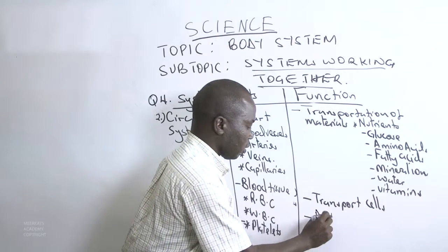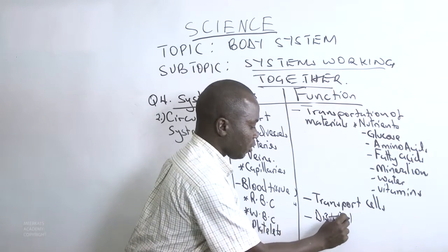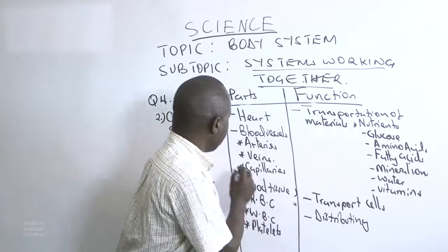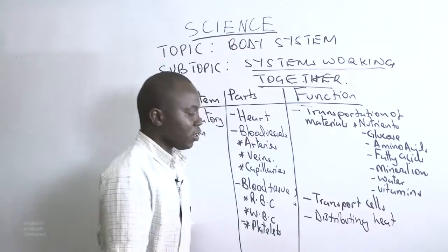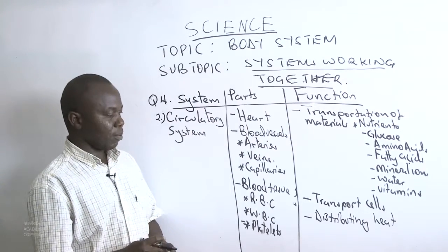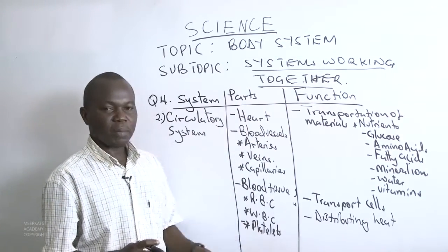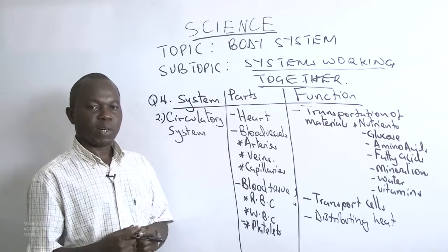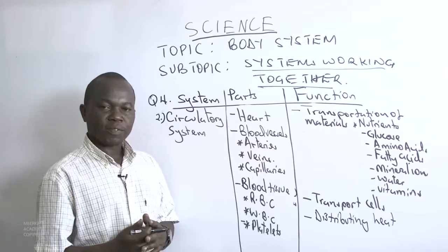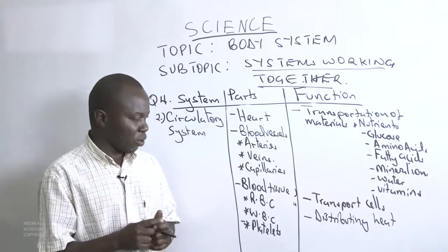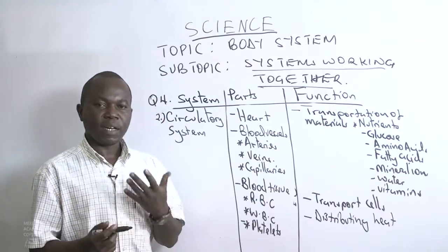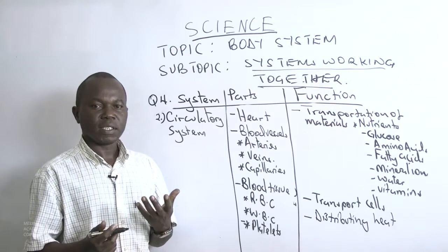As it is transporting these materials, the circulatory system also aids in the distribution of heat around the body. We have some organs in the body that produce more heat than others. For instance, we have the liver. When it is cold, the reactions in the liver increase.